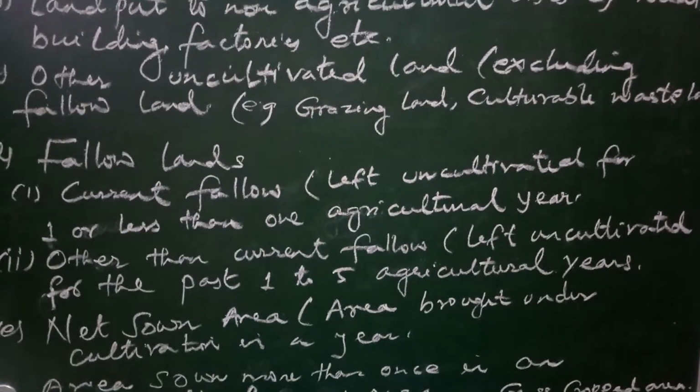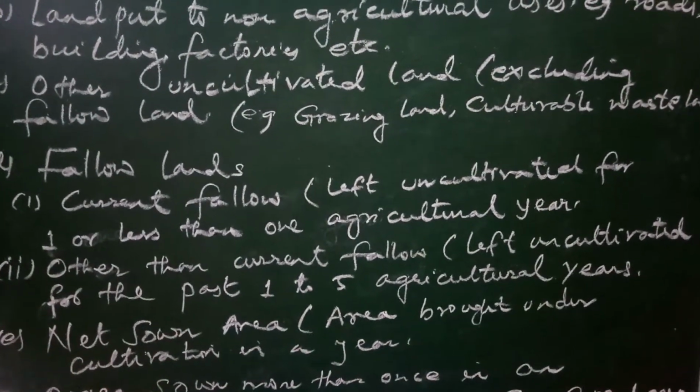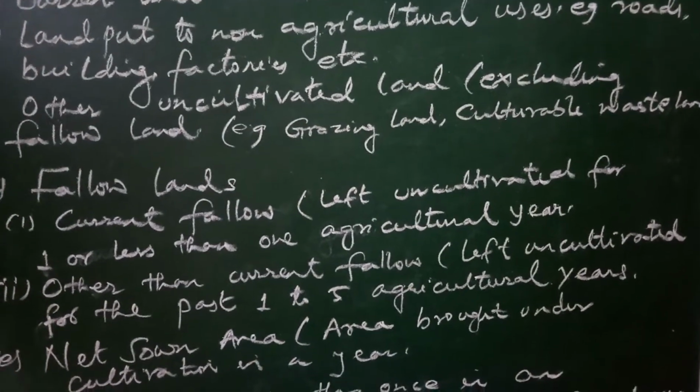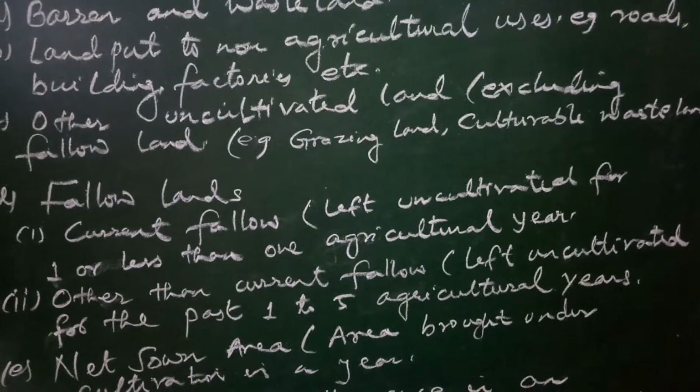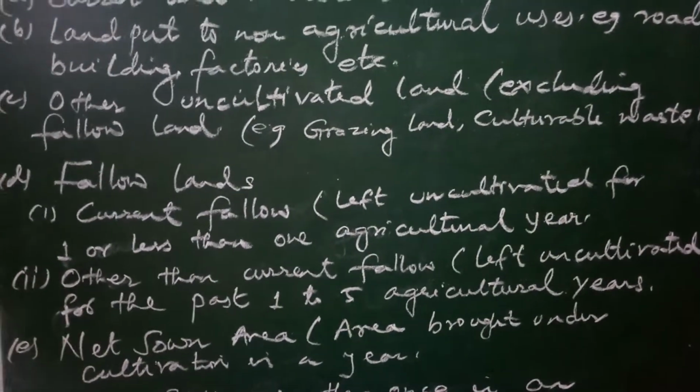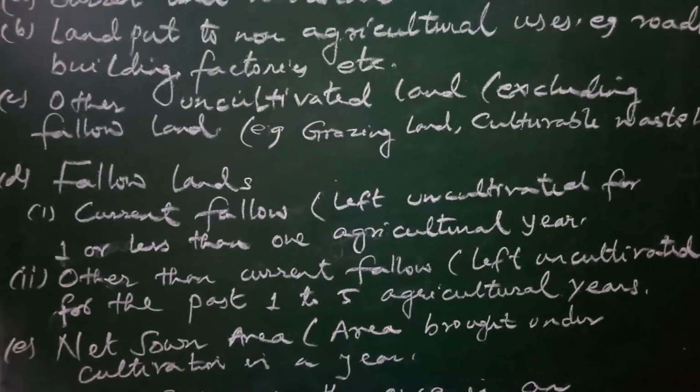So these are the various ways in which land can be put to use. Along with forest, you have cultivable land, uncultivable land, land put to various other uses, and fallow land. Such categories make up the land use pattern.